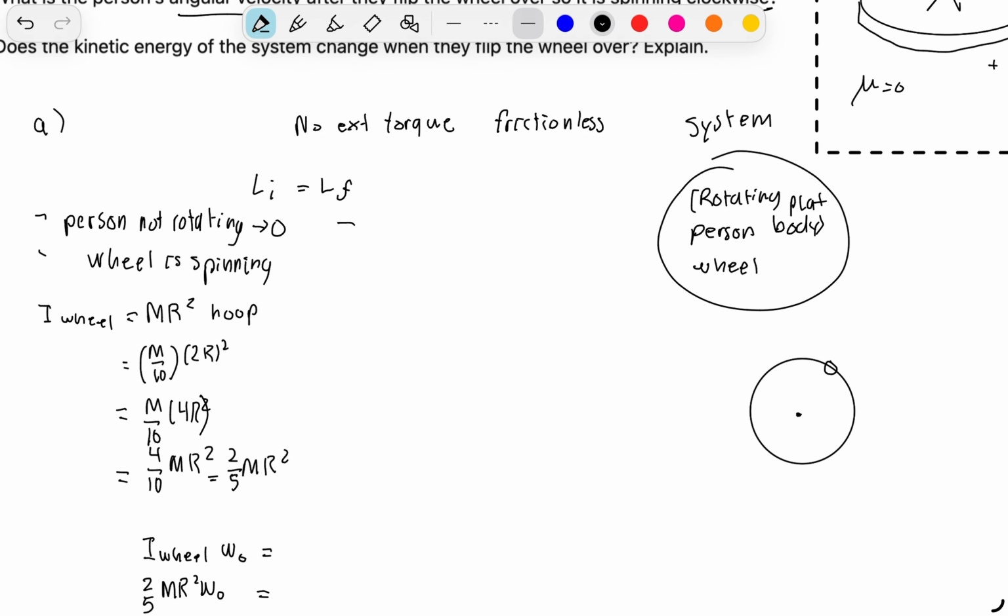In the final state, the wheel spins in the opposite direction, which means you're going to have a negative angular velocity. Initially, we had a positive angular velocity. So then the person is also going to start rotating with omega final.